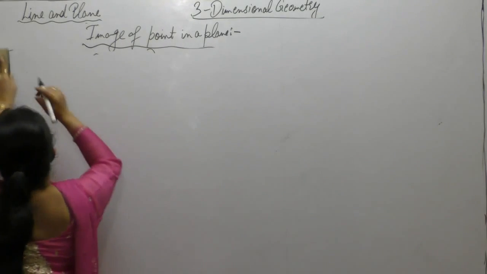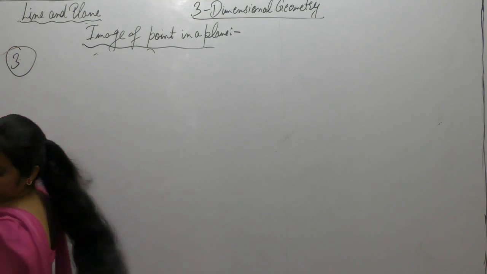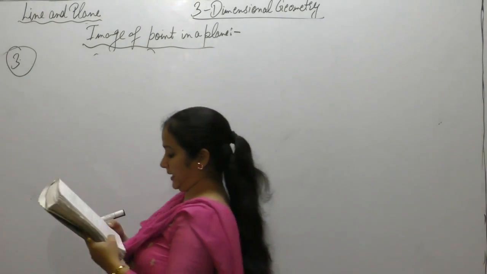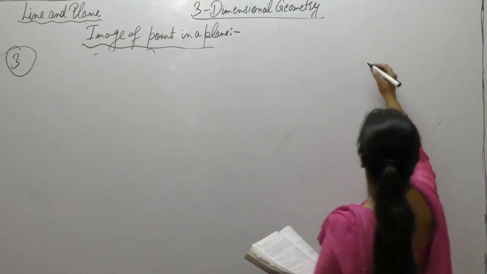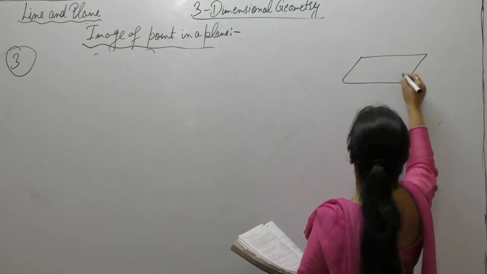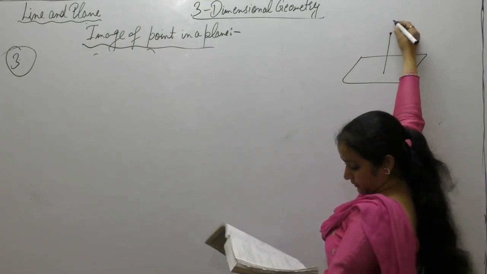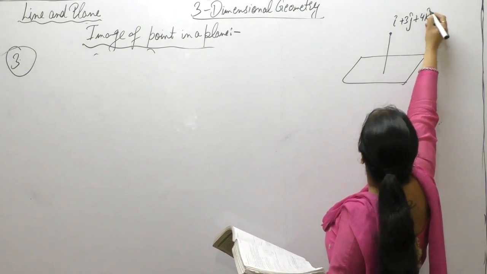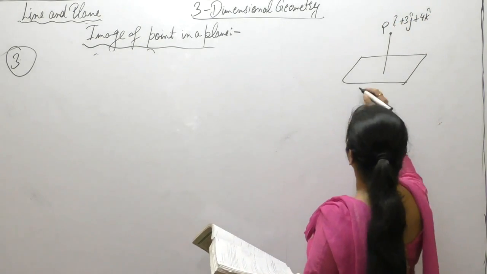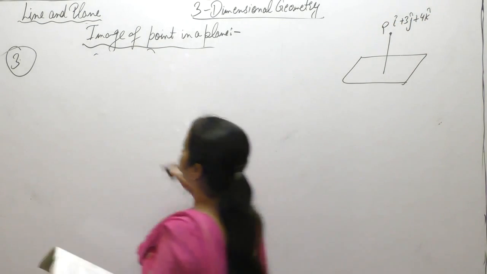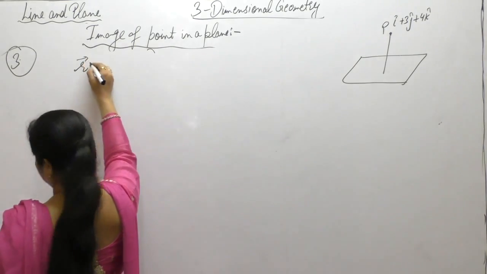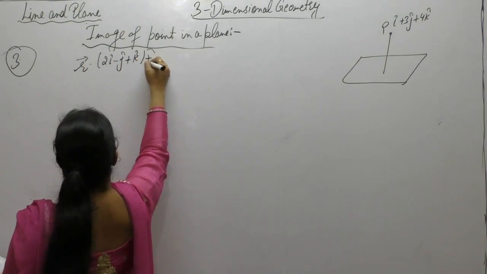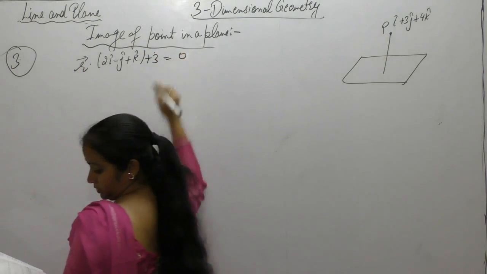Now the next one. Find the image of point having position vector i plus 3j plus 4k in the plane r dot (2i minus j plus k) plus 3 equals to 0.